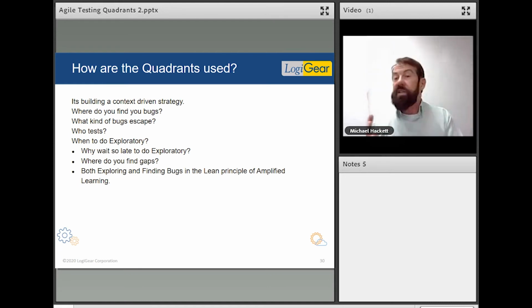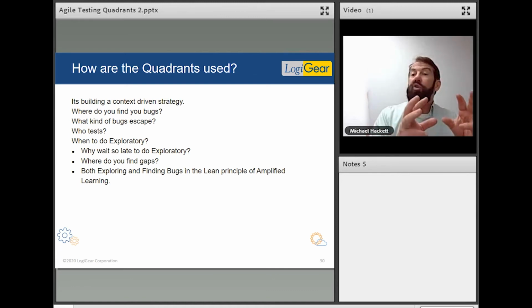This is why it's context driven, and why you're going to have to be coming up with this Agile strategy based on the context of how you develop and the environments you have available. I have probably more clients who are using the quadrants who have no relation between quadrants and definition of done.